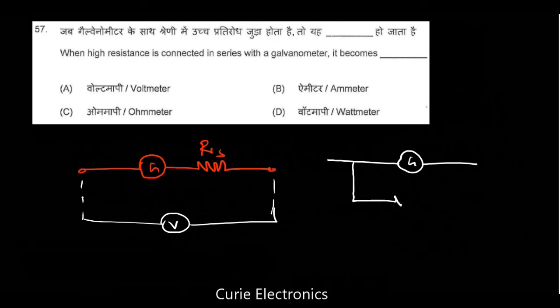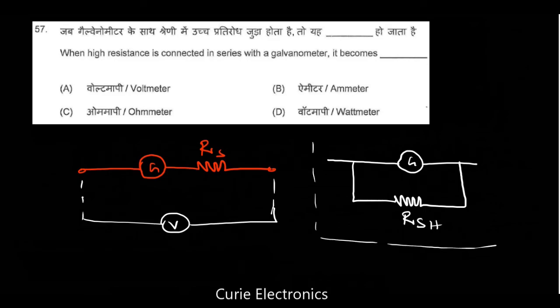We connect a low value shunt resistance. This is known as RSH. So this whole thing is known as the ammeter. So what is the question? When a high resistance is connected in series with a galvanometer, it becomes a voltmeter.